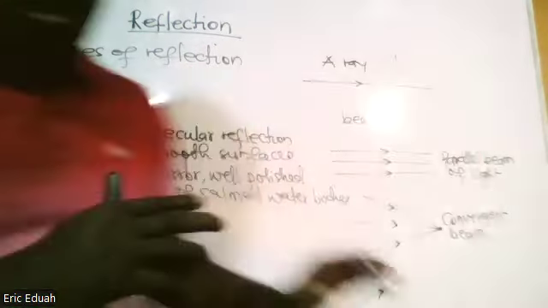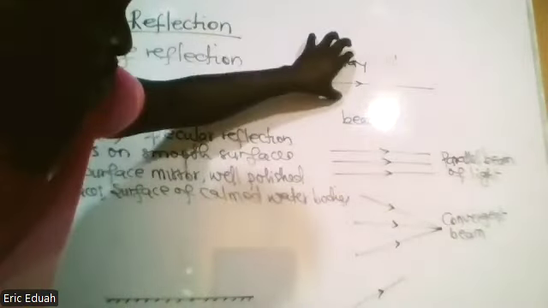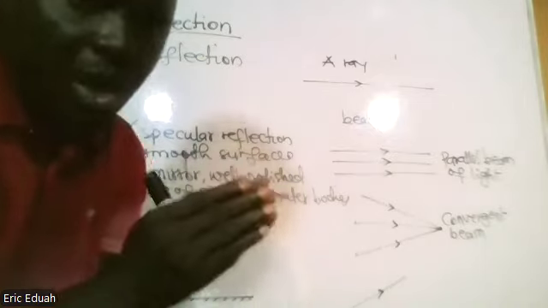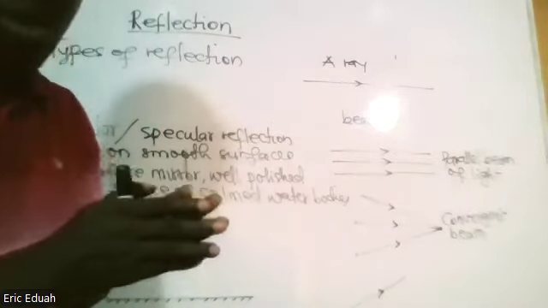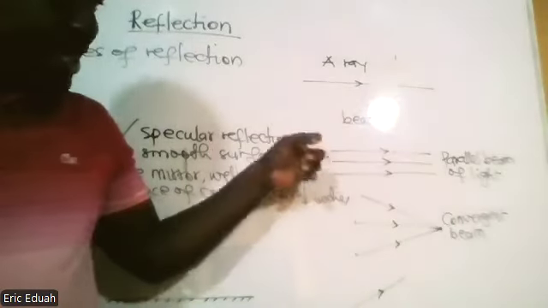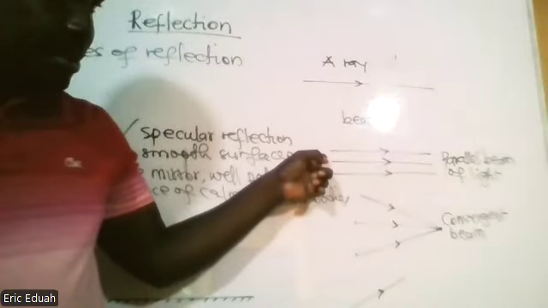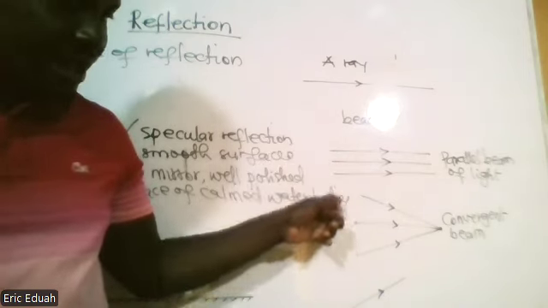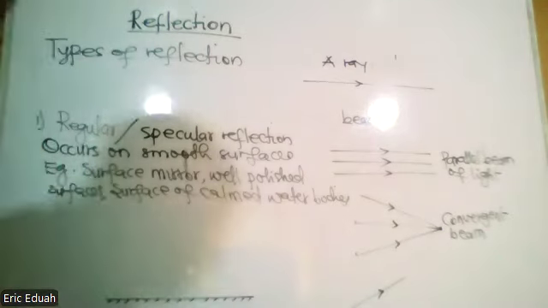But when we are considering several individual rays, then we have what we call a beam of light, or a beam. So this is a parallel beam, a convergent beam of light or rays, and then a divergent beam.